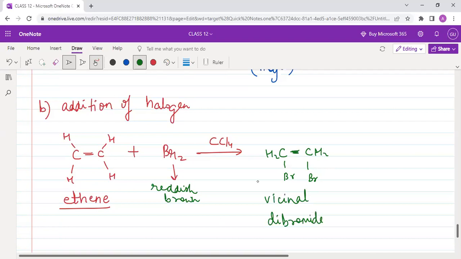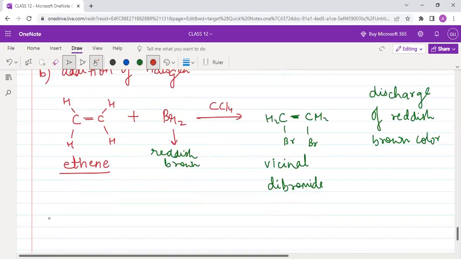Earlier the bromine had a reddish brown color, and when you add bromine to an alkene, it results in discharge of the reddish brown color. After the reaction, the reddish brown color of bromine disappears because bromine has been used in the reaction. So this reaction is used for detection of a double bond in a compound.